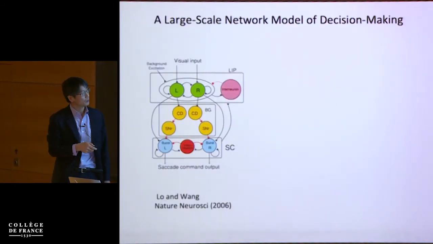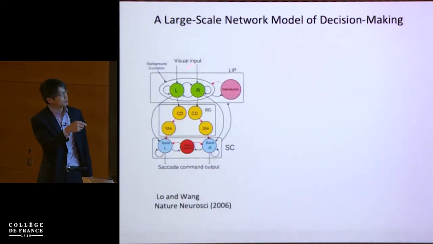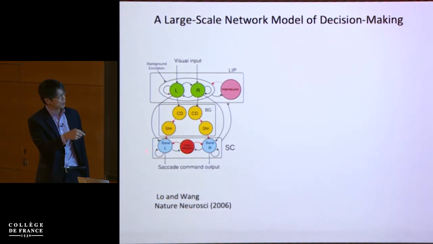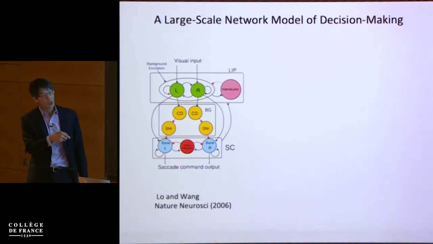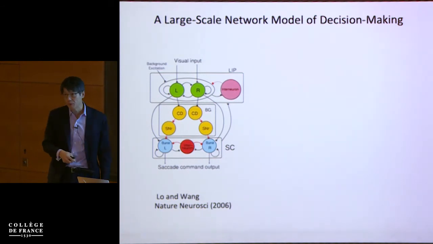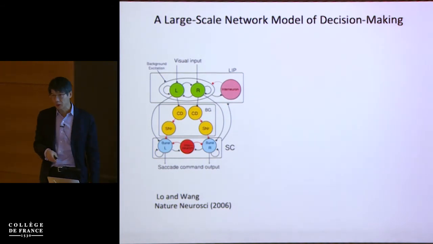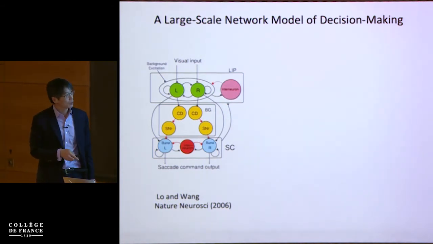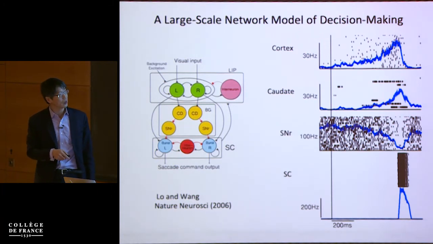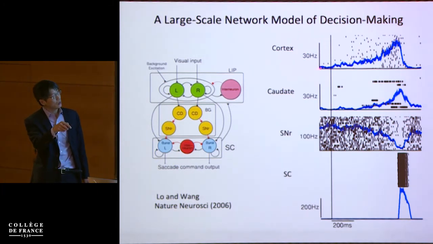So to examine that possibility, we extended the model from the cortex to include the superior colliculus as well as part of the basal ganglia, which is known to play a role in controlling voluntary oculomotor behavior. So here's a simulation from this extended model. You see that in a single trial, the neurons in the cortex ramp up, which generates ramping activity in the input layer of the basal ganglia, which in turn inhibits the output layer of the basal ganglia, right?